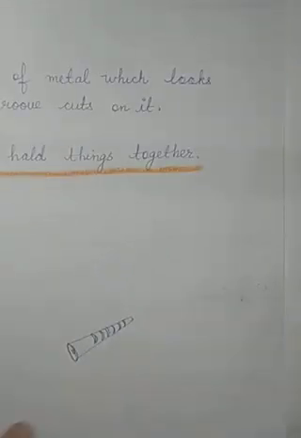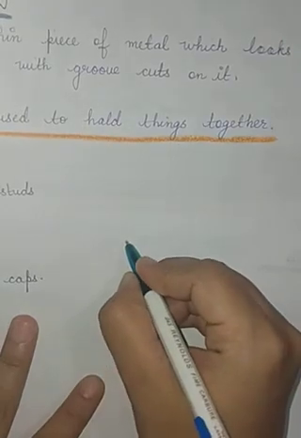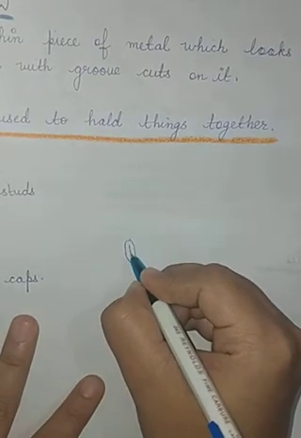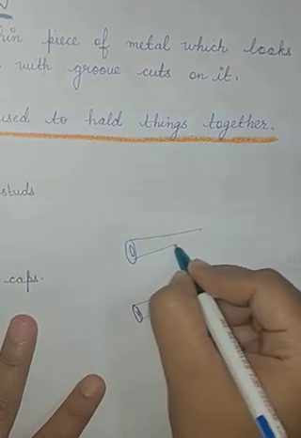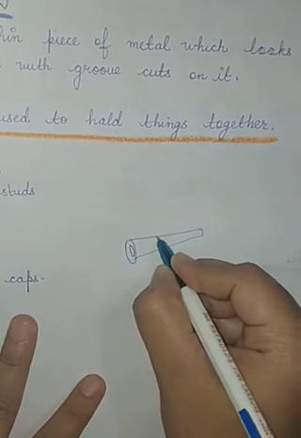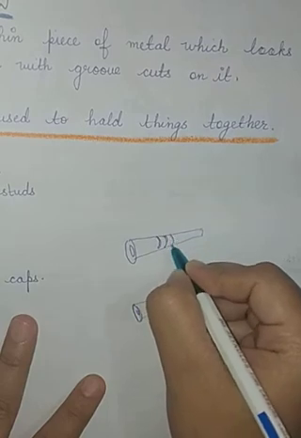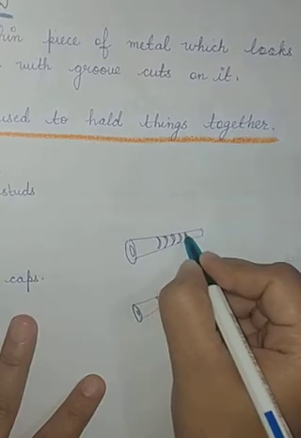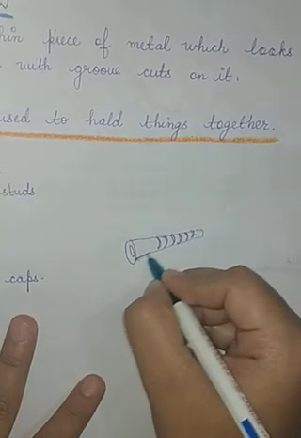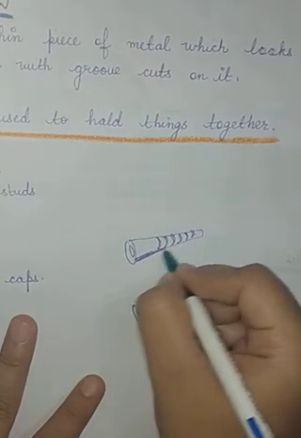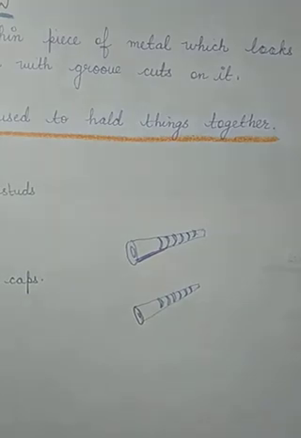Basically they have a head and a pointed structure, and in that these kinds of designs are there, which are known as grooves. Screws are made up of metals, and nowadays they are available in many other forms also.